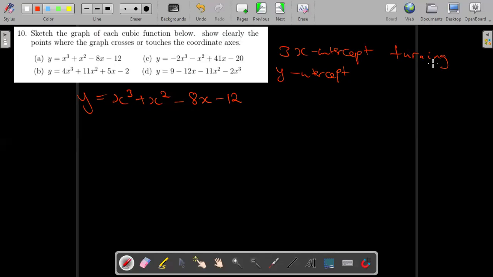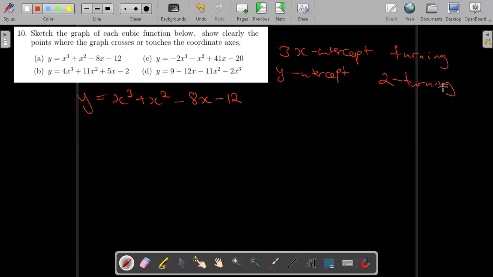Now here, because the curve goes up and then down, we're going to have 2 turning points, which involve both a maximum and a minimum turning point.